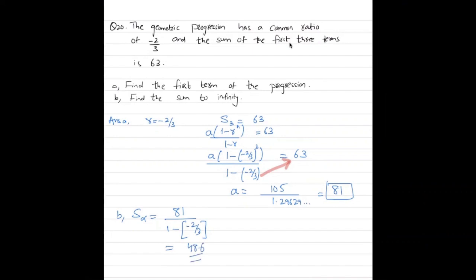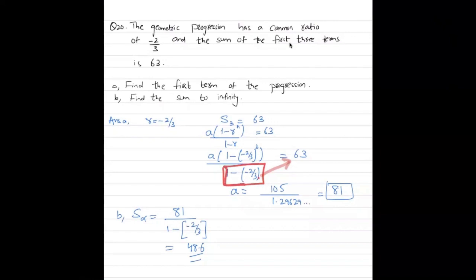Okay. Any questions till here, Manu? No, sir. Any question? Sir, how did you get 63 multiplied by negative 2/3 multiplied by 1?